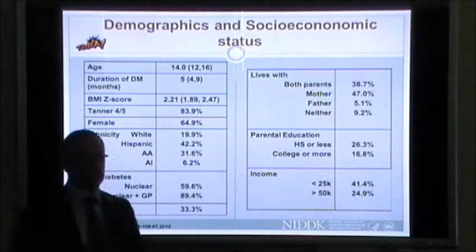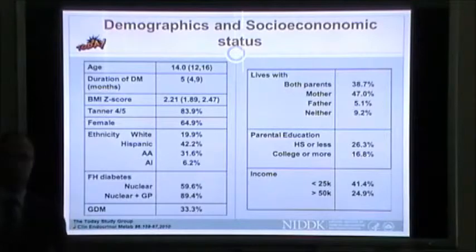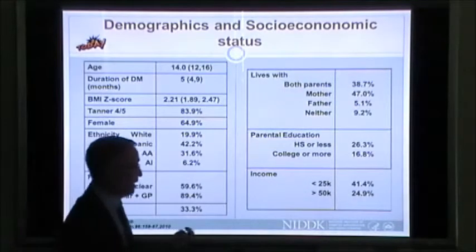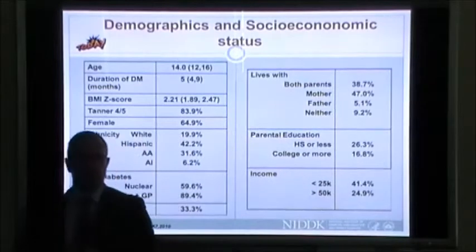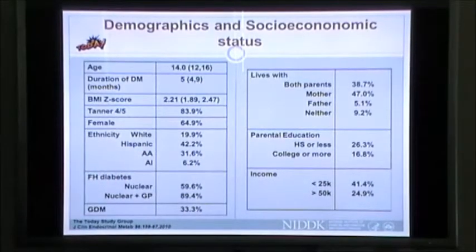Only 16% of these kids' parents had ever entered college. And most strikingly, 40% of these kids lived in families where the family income was less than $25,000 a year. So this is a population that is poor with low parental education and family disruption.